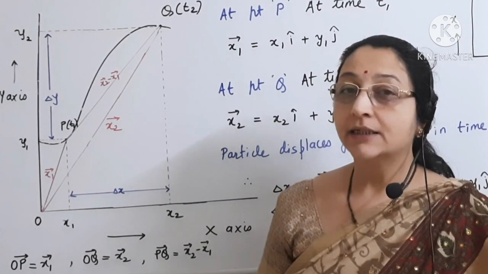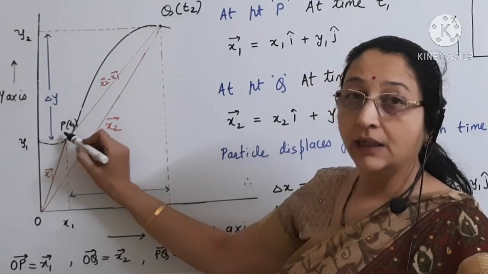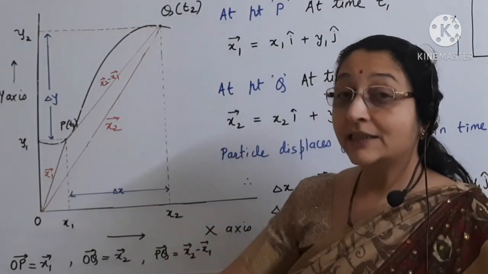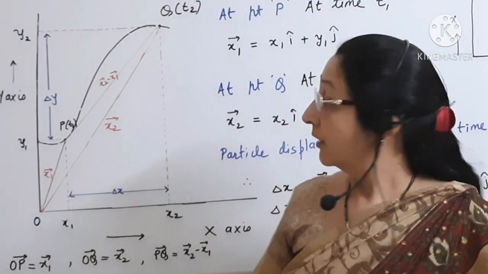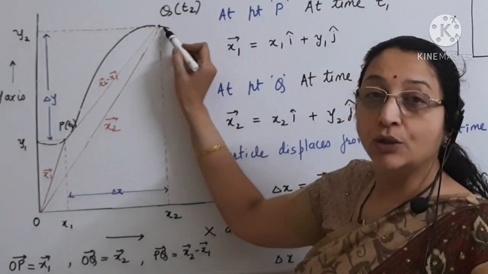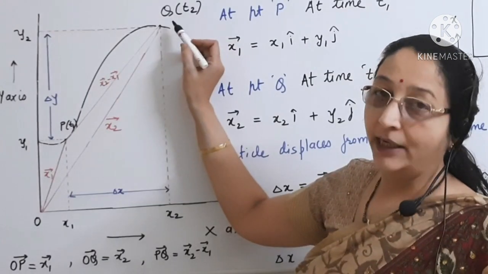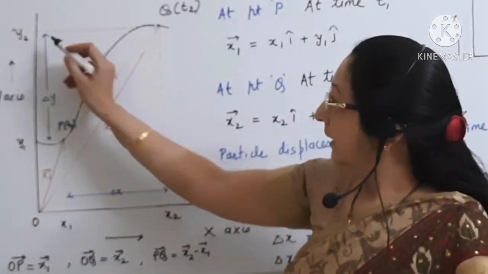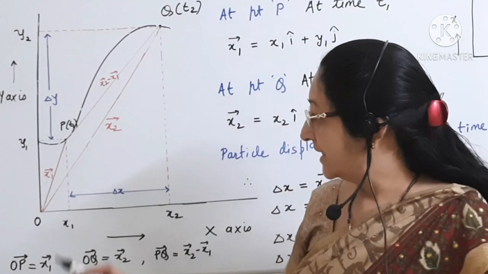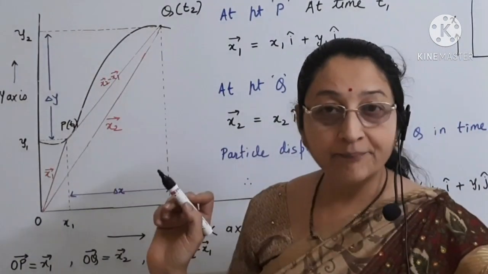Now consider a particle. The particle is at point P and the time is t1, and as the time moves forward, the particle also moves from point P to point Q. And at time t2, the particle comes at point Q. Now, since the particle is moving in a plane, hence we consider this is the x-axis, this is the y-axis.